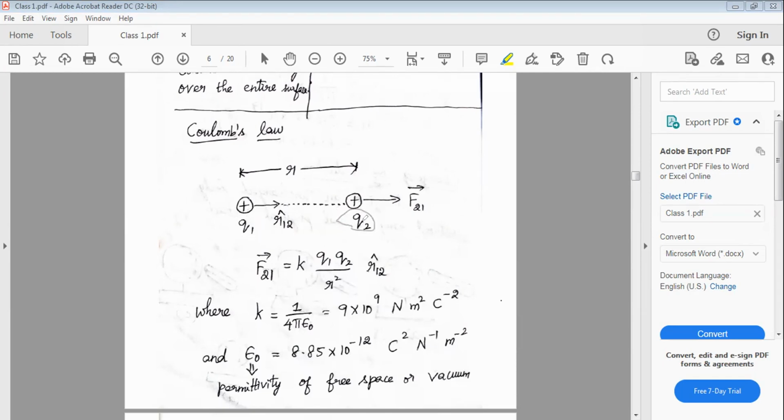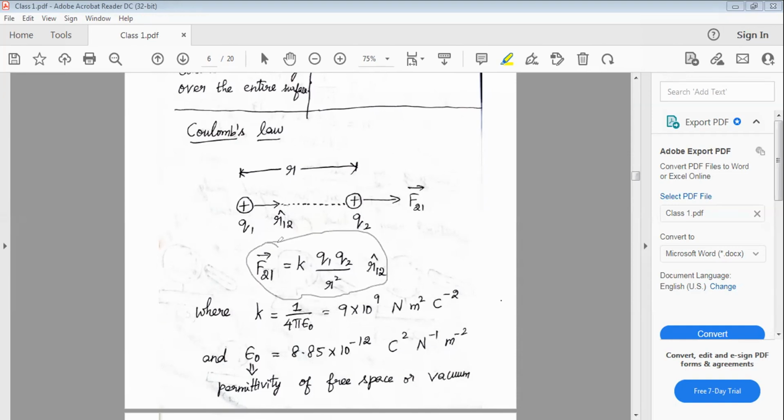When you want to find the electrostatic force between these 2 point charges, you can use Coulomb's law. Coulomb's law states that the electrostatic force, whether attraction or repulsion, between these 2 point charges is directly proportional to the product of the 2 point charges and inversely proportional to the square of the distance between them. That is illustrated by this equation.